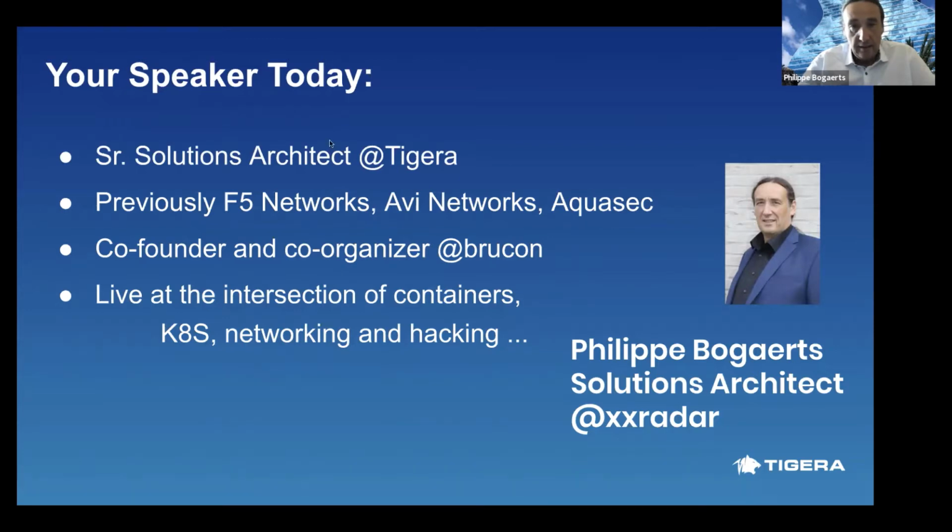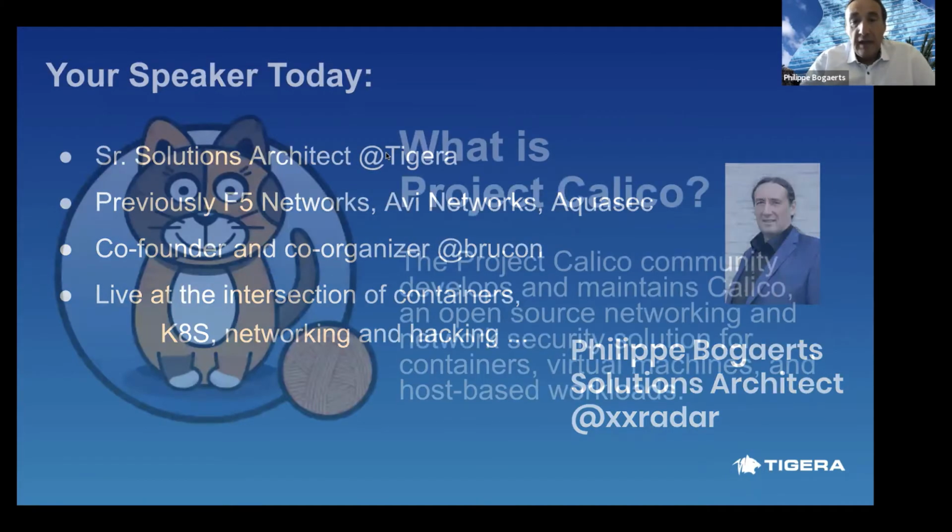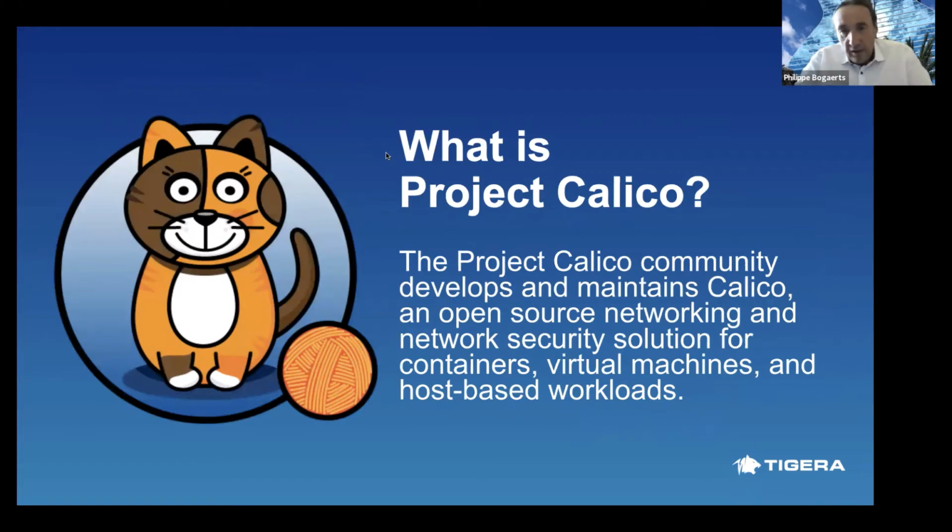So let's talk about Calico for a second. As you know, Calico is a project which is driven by the community, and it's basically offering us open source networking and security.